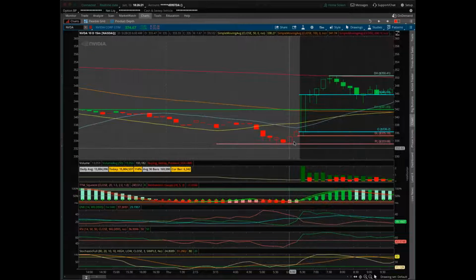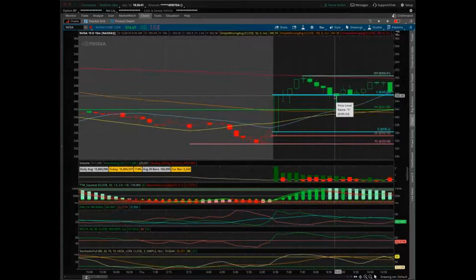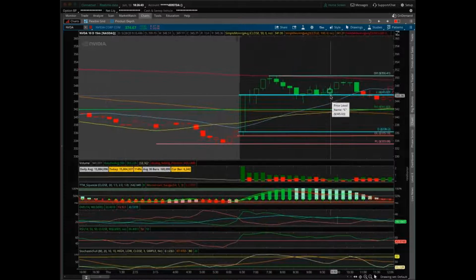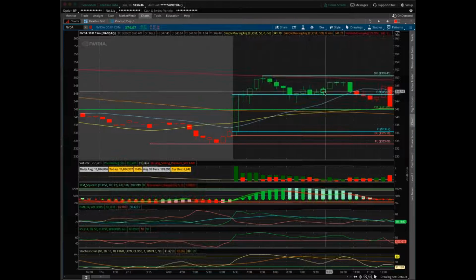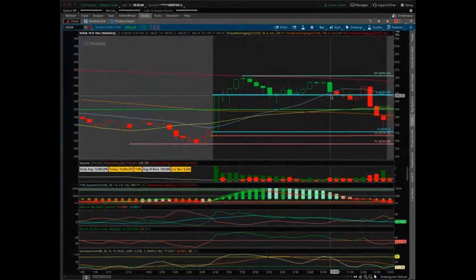So there we have our open and our close of our first candle. So we have a push up. We established our day's high here, and then we came down, hit the close of the first candle, and started consolidating on it.